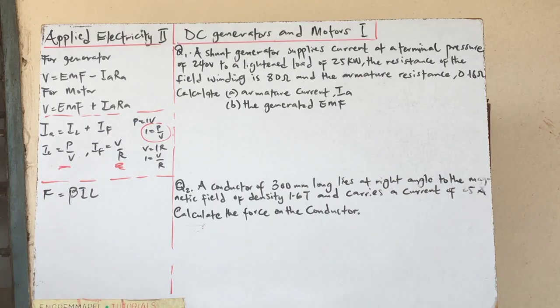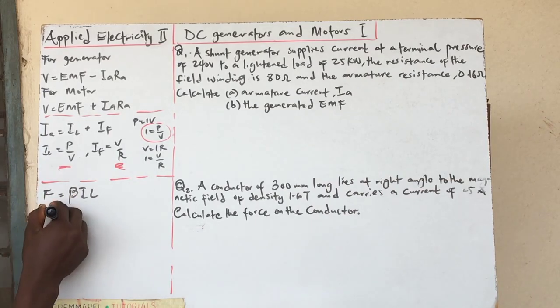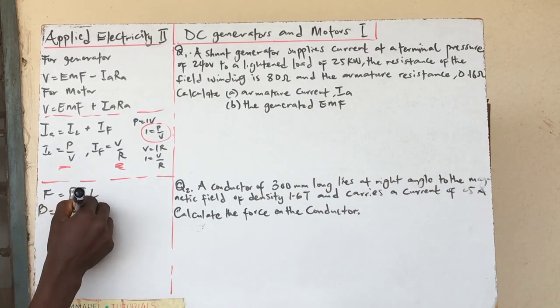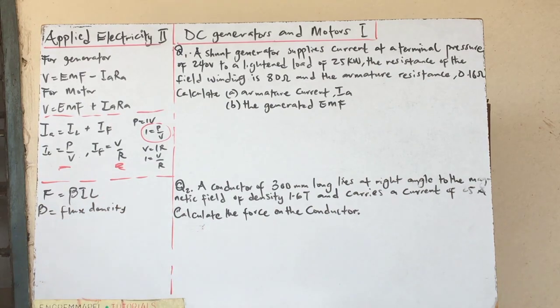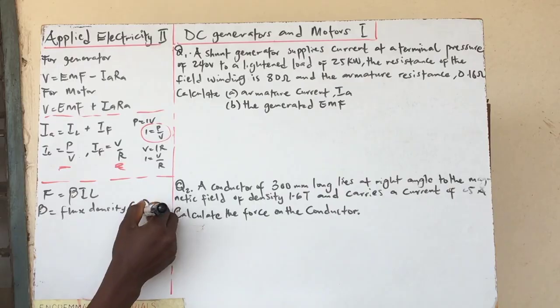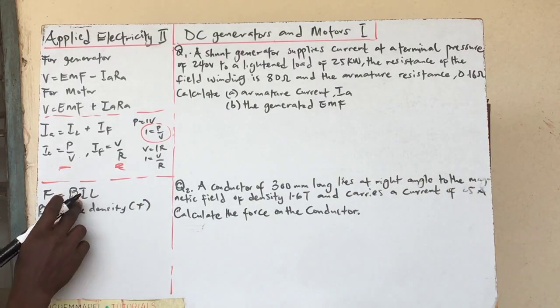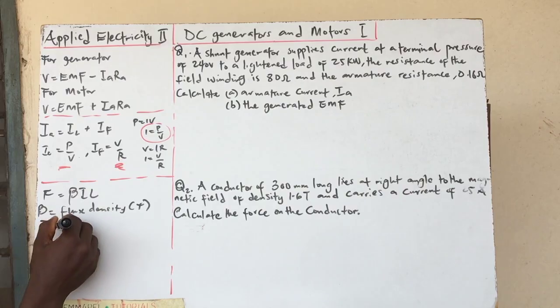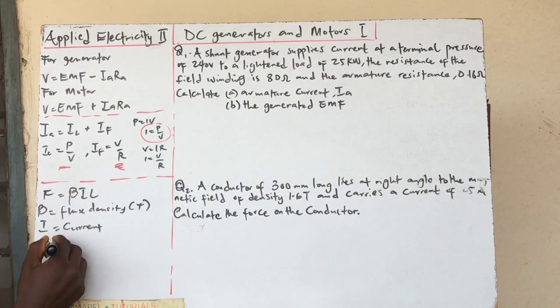This B, I'll call it beta or anything you want to call it, is the flux density, and it's always in Tesla. So that's the flux density. Then what do we have here? We have the current, so this one is current, and this is the length.